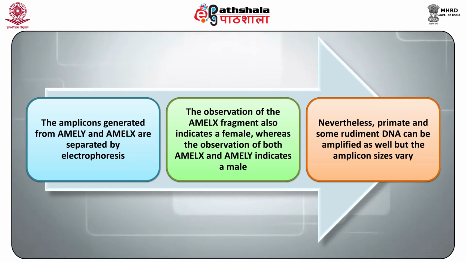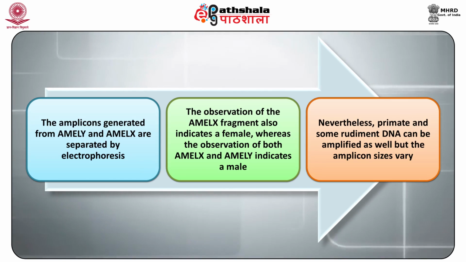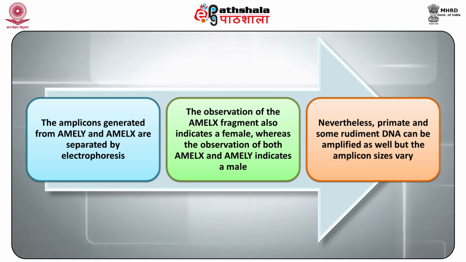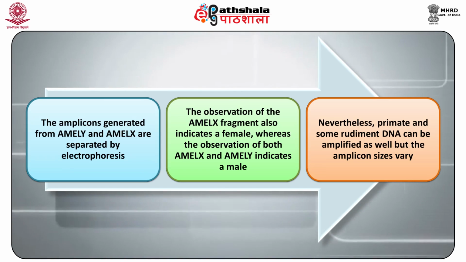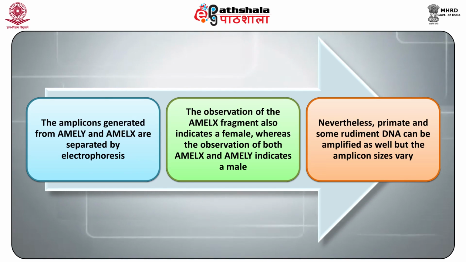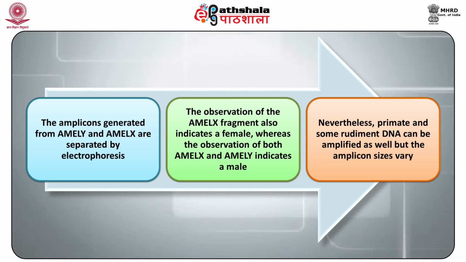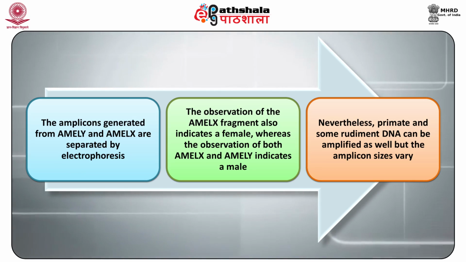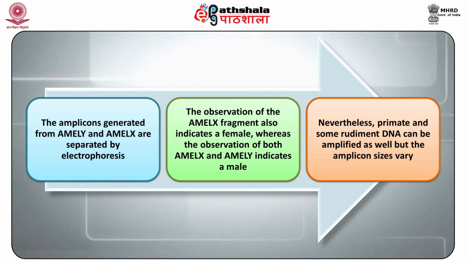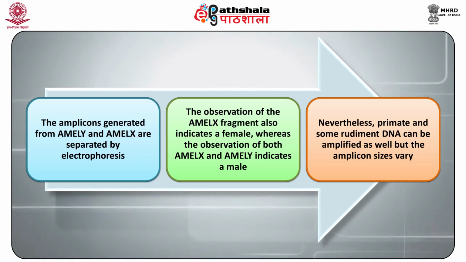The amplicons generated from AMELY and AMELX are separated by electrophoresis. The observation of the AMELX fragment alone indicates a female, whereas the observation of both AMELX and AMELY indicates a male. Nevertheless, primate and some rodent DNA can be amplified as well, but the amplicon sizes vary.